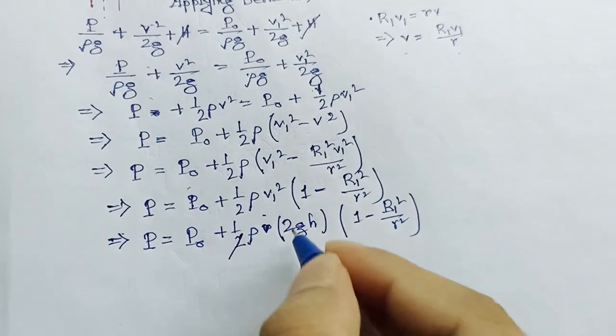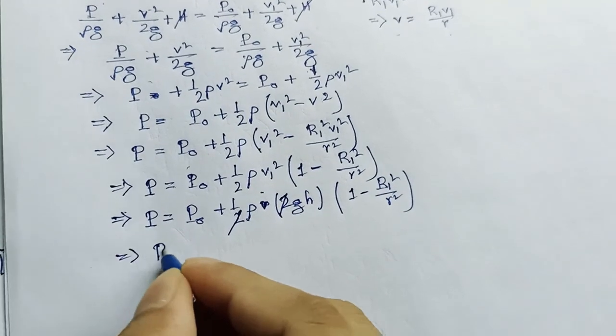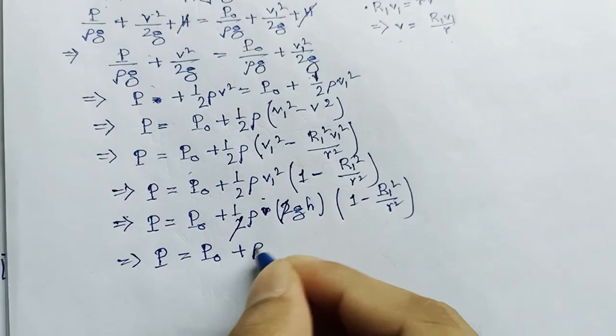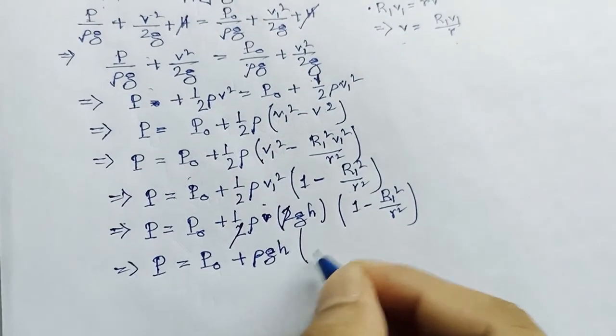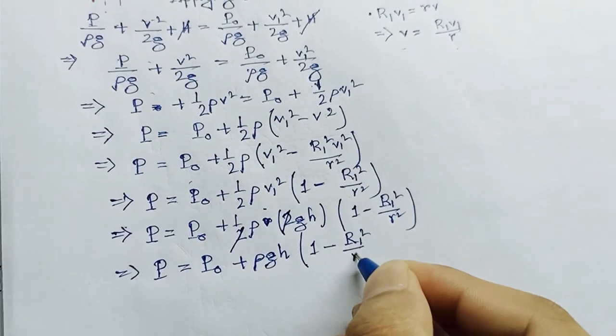Now we can cancel this 2 and half. So after cancellation, we get the pressure P will be P naught plus rho gh multiplied by 1 minus r1 square divided by r square.